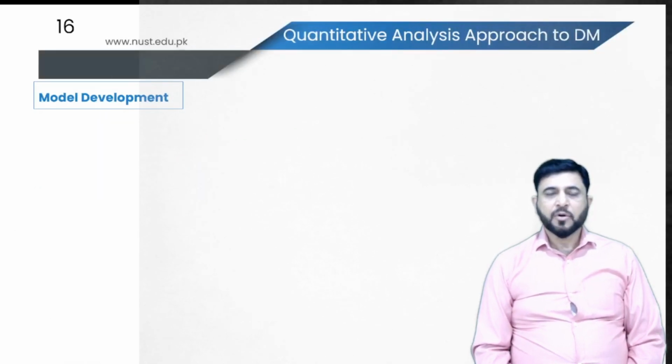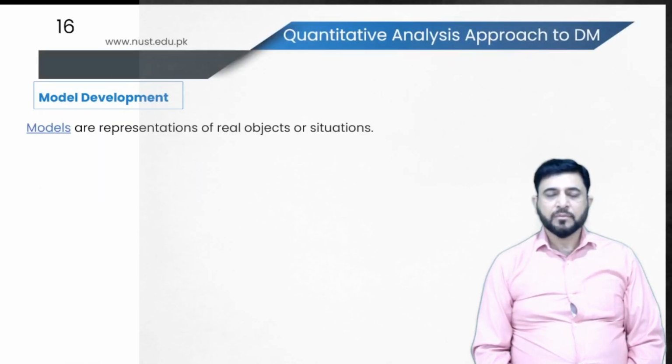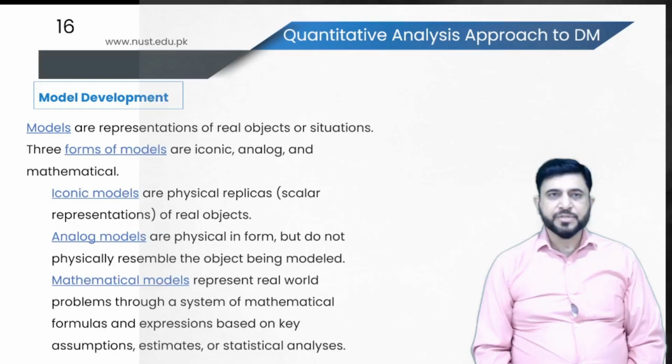Then model development. How can this model be developed? Models are representations of real objects or situations. There are three types of models: iconic, analog, and mathematical.